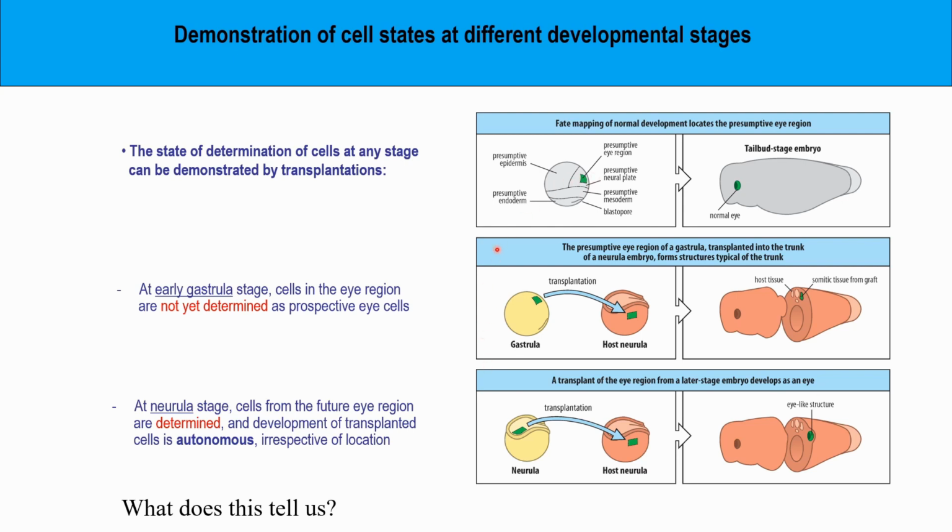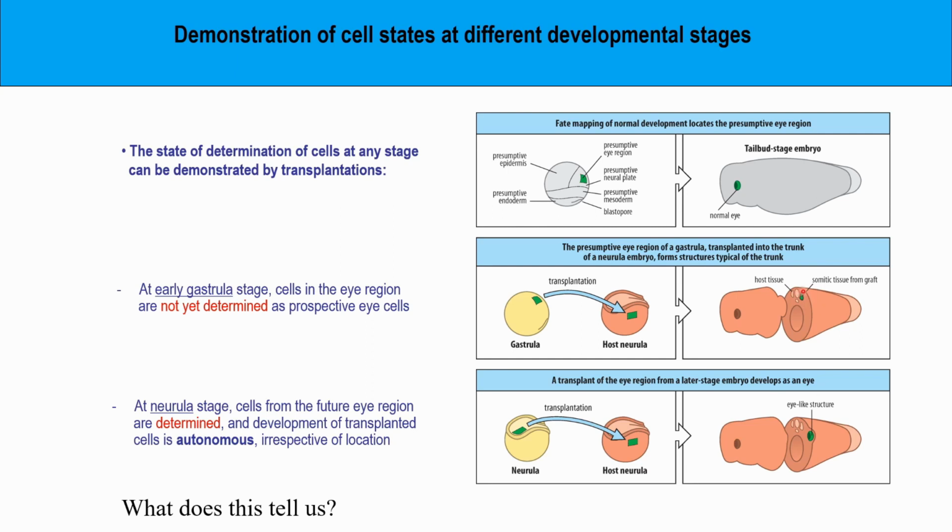The point of this slide is to show that cells gradually become more determined over time in this system. So if they take from the same cell fate region, early embryo, the gastrula, and they transplant it into a later staged embryo, neurula, they see that the tissue will grow into a normal structure there.